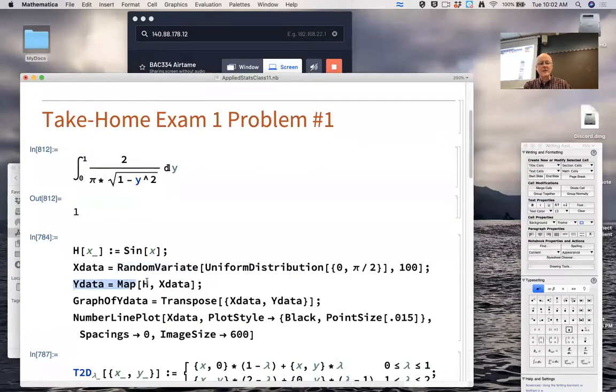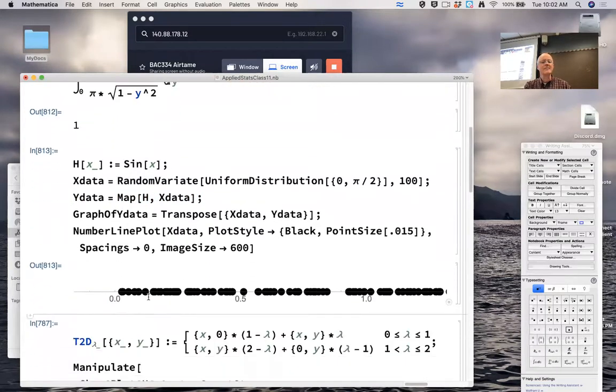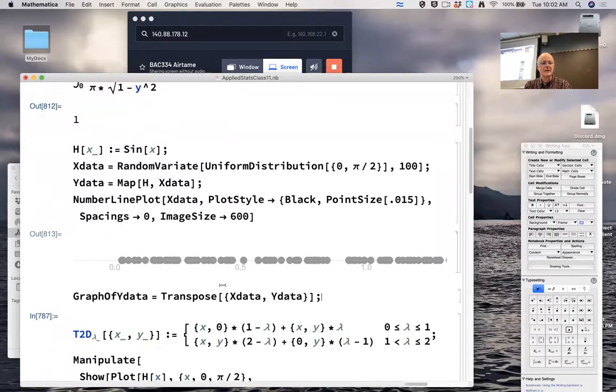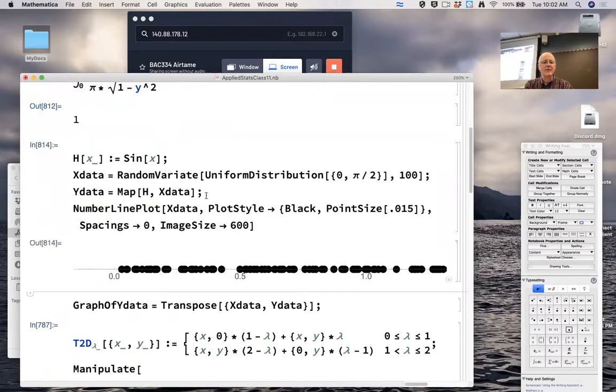To get the y data, the transform data, you can map the h function onto the x data. I add a little bit more in here just to see a graph of the X data.